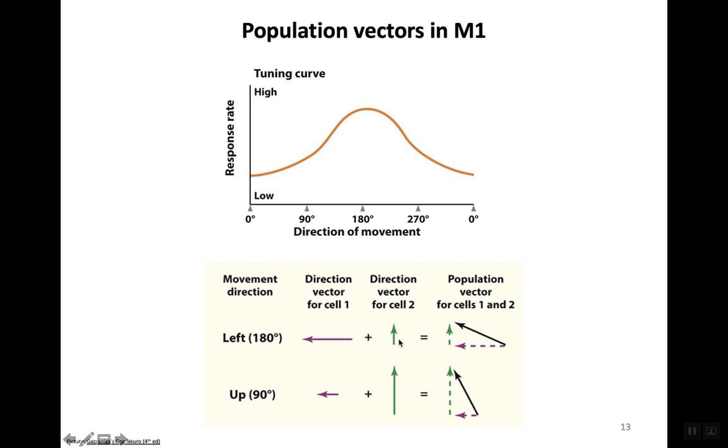Then as a result of combining those two pieces of information, with response to both direction and the firing rates of these neurons, we might end up with this particular direction.